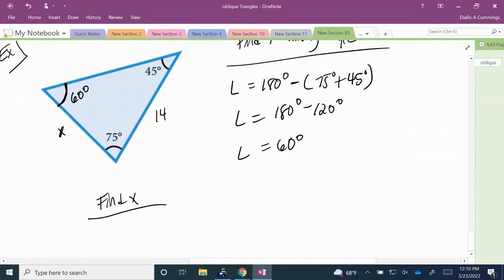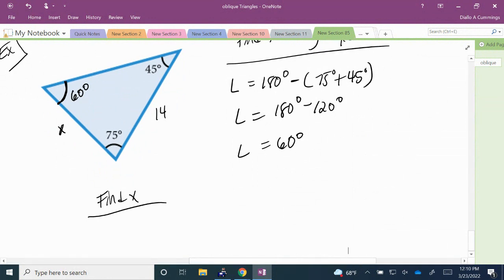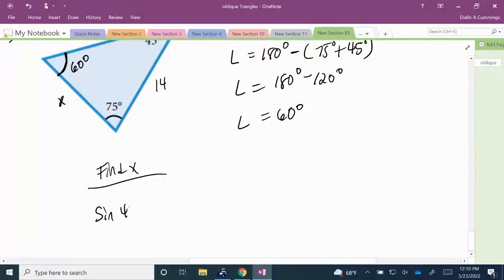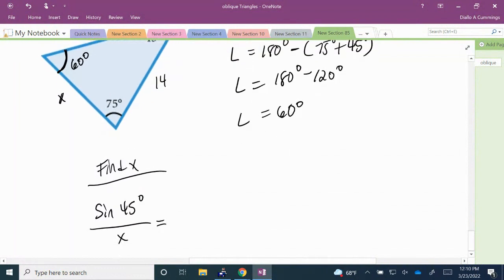The 45 degrees is opposite side X. So I have the sine of 45 degrees divided by X, equal to the sine of 60 degrees divided by 14.